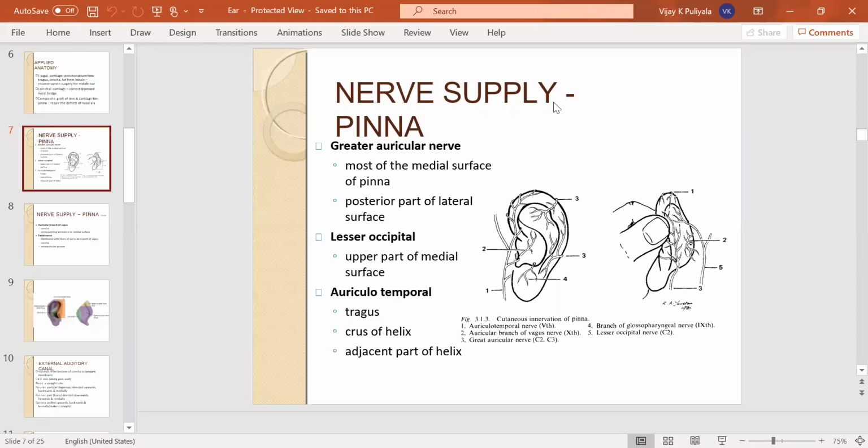Why? Because just below the skin we have arteriovenous anastomoses. So that is about the skin of the auricle.